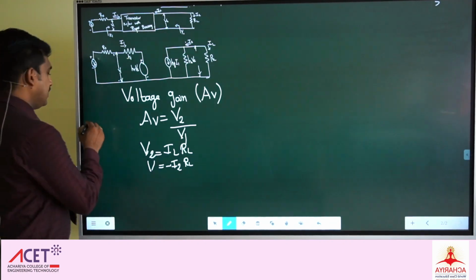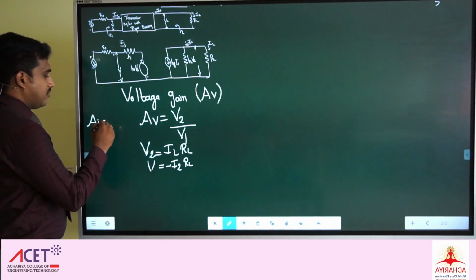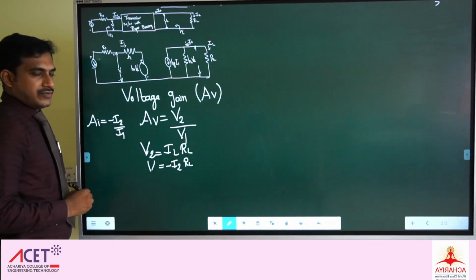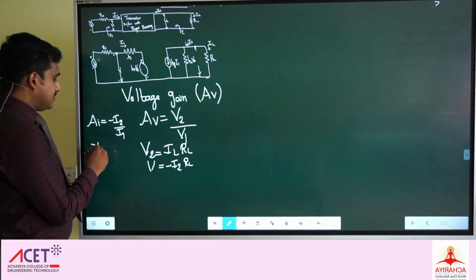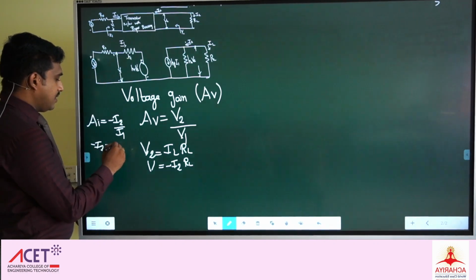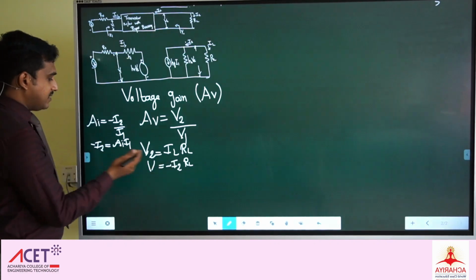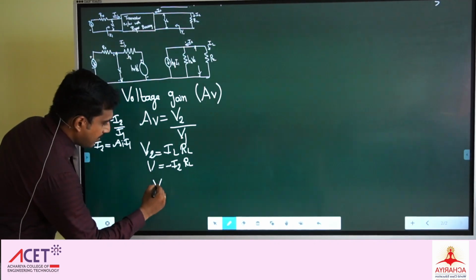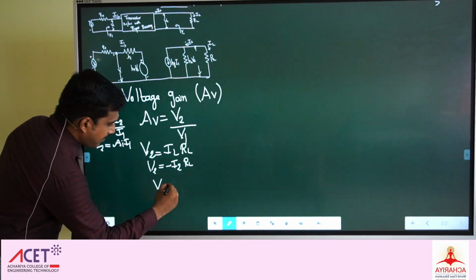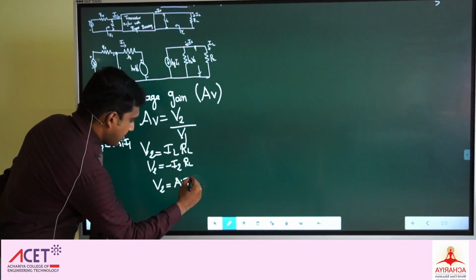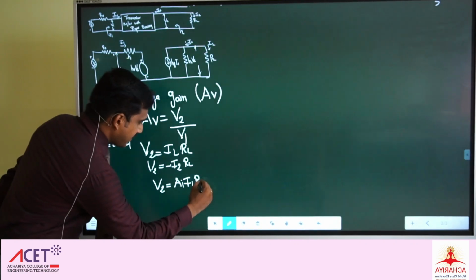As in the previous section, AI is equal to minus I2 divided by I1, so minus I2 is equal to AI into I1. Replacing minus I2, V2 is AI into I1 into RL.